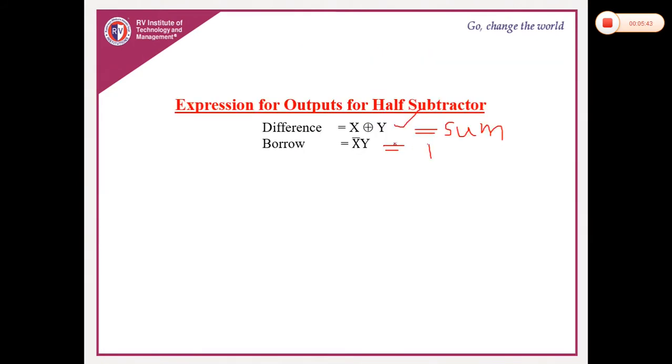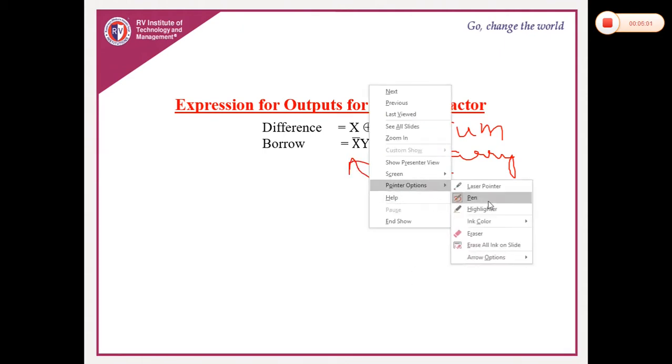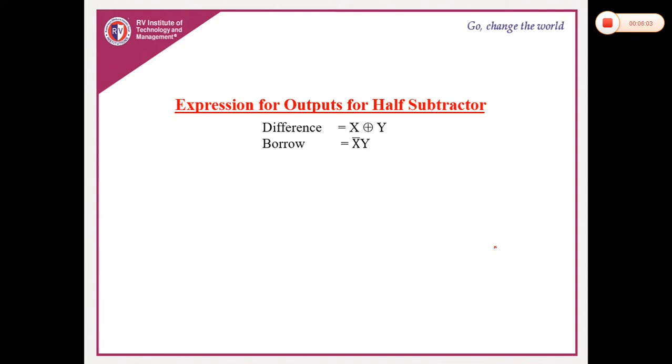It is not equal to the carry output, but they are almost the same. For carry what you got is xy, but wherever x is there, if you replace it with x bar, you will get borrow. So this is one more way of remembering the half adder and half subtractor truth tables.